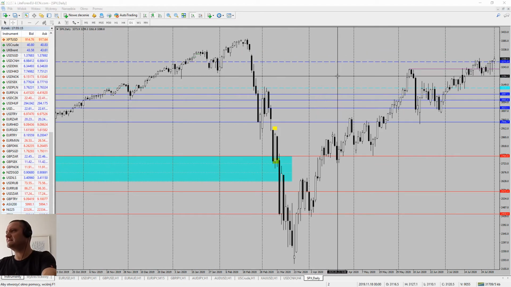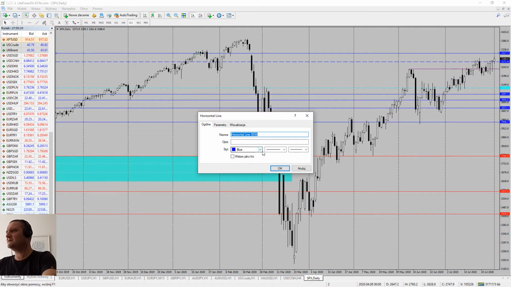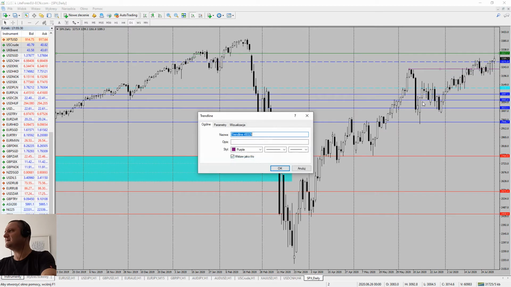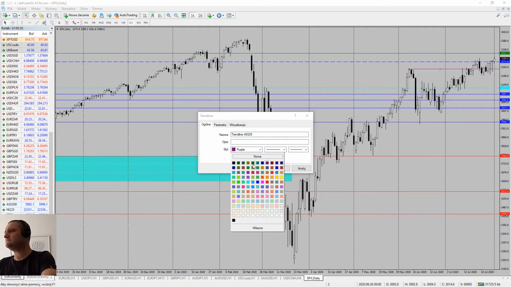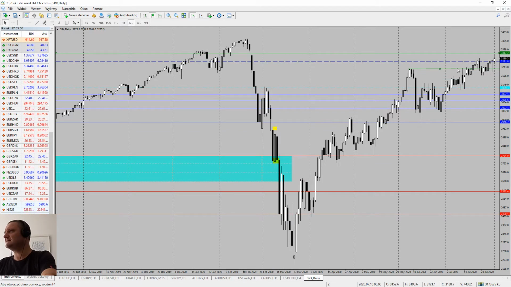Okay, so let's place one of the lines over there, and let's have a look how far from where we are right now we have. There is also the possible demand, and that's levels close to 3,240 and the previous stop over here, right? So it looks like there is a little bit of space.